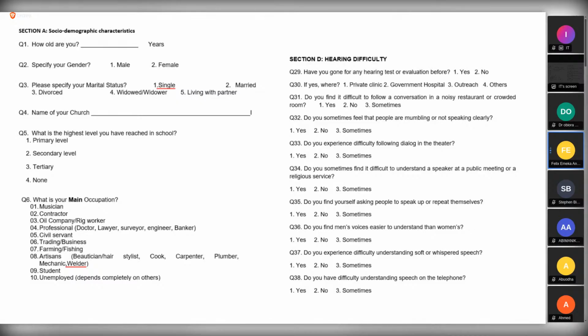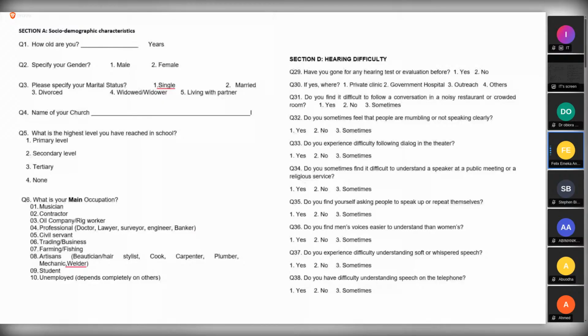You understand? Some conditions are age related, gender related, or occupation related, so you would also want to measure the social demographic characteristics against the outcomes you're measuring. Like in my study on noise-induced hearing loss, it is clear in the literature that age is significantly associated with it, meaning that the older you are, the more likely your hearing loss will increase.